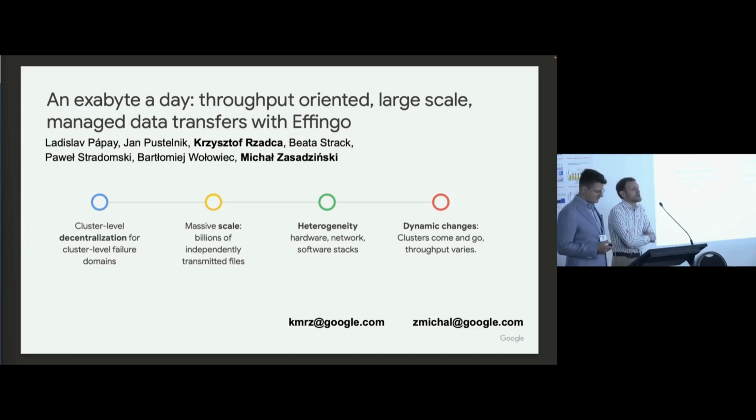Decentralization, in one word. Radical decentralization, on multiple layers. First layer is coordination of transfers between managers that reside in clusters.